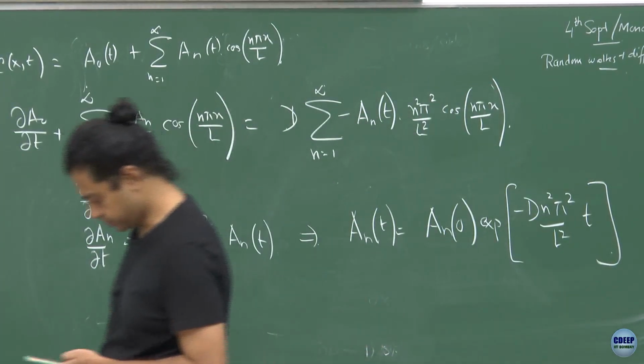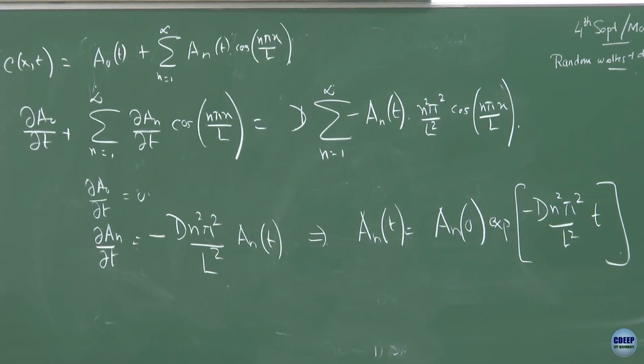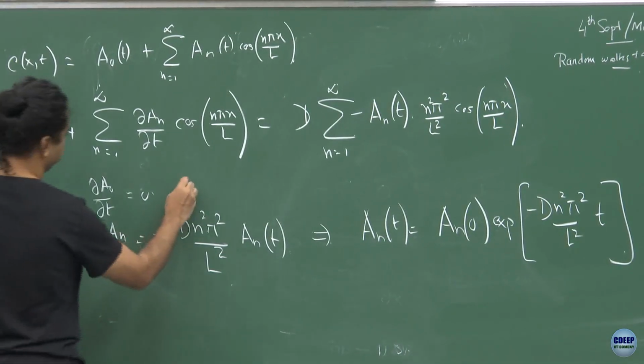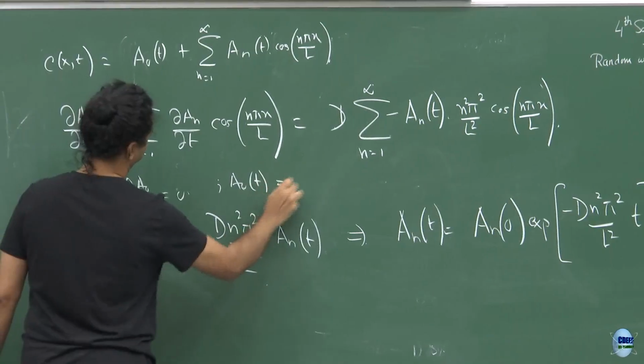So, solve for the Fourier coefficients, and a naught of t is, of course, a naught of 0. Okay.